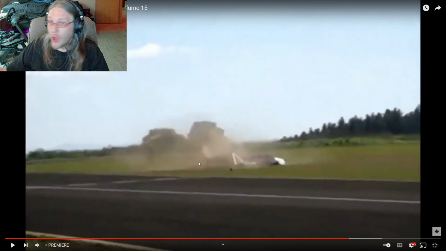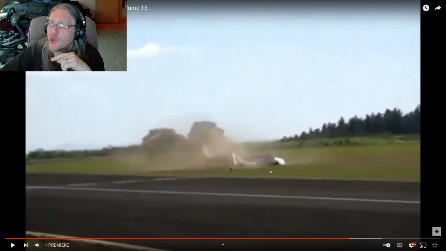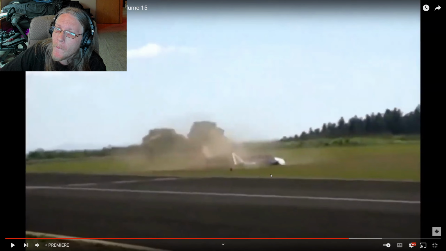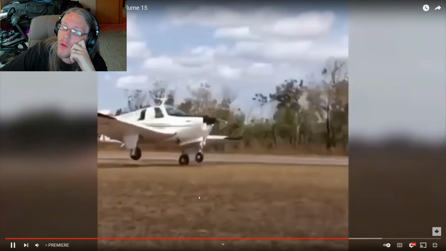Oh my god! Look! The plane flipped over, and what happened to the tail? Did that tail get smashed in? Oh yeah, that tail got smashed in, didn't it? The tail's gone. It's obliterated, right? Oh! But yet the tail is still intact on Trevor's airplane, huh?